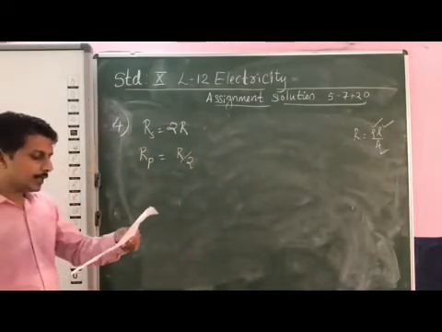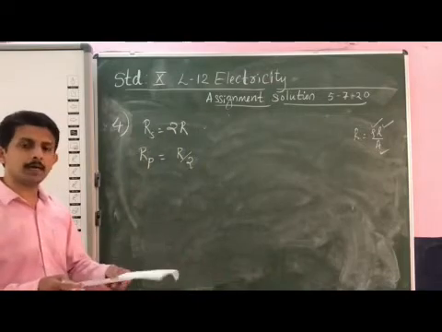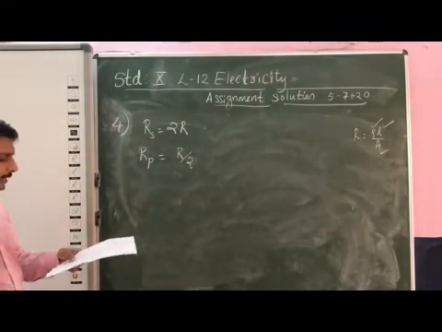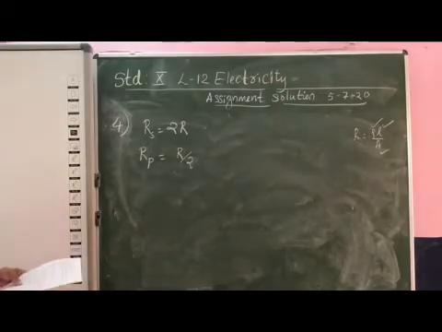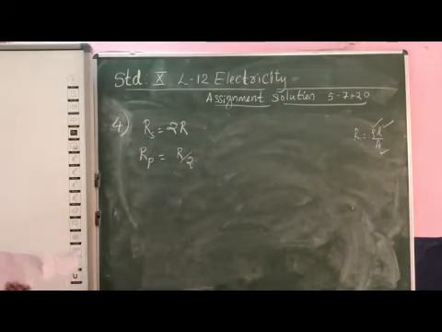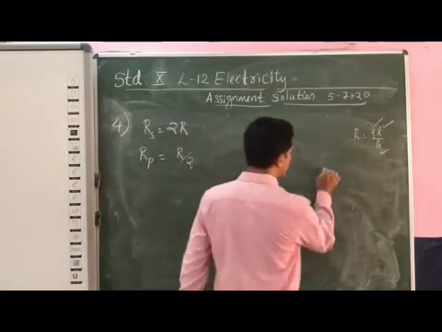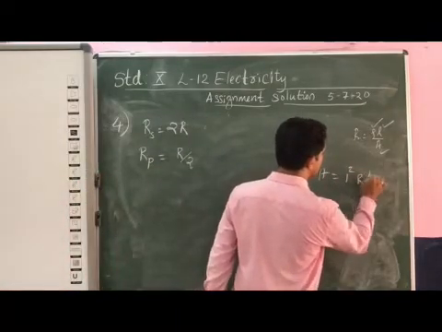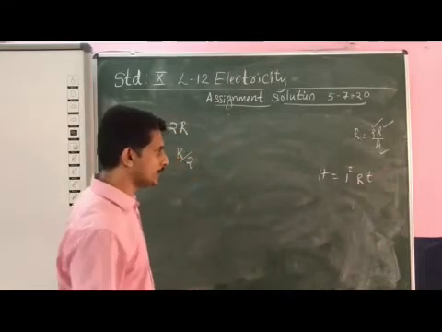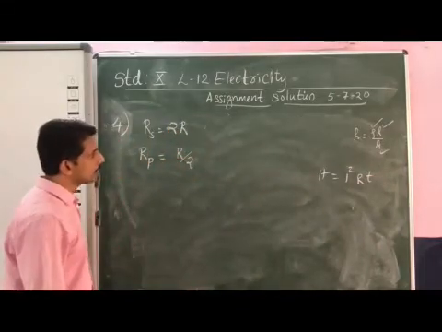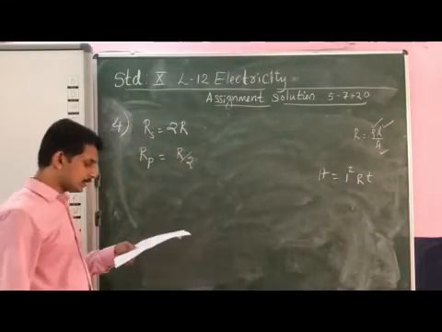Then we find the ratio of heat produced in series and parallel combinations. We know heat produced is H is equal to I squared RT. Here in this question, voltage is given.